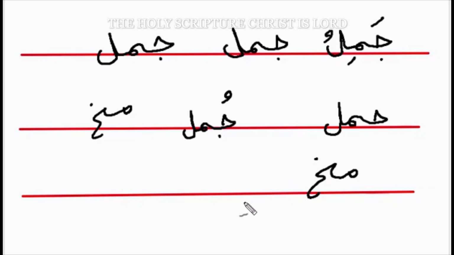And again, I hope soon I will be able to buy the software with the brushes, so we can write really nicely on the screen. Right now we are just drawing a line and my pen is not helping. Mukh means brain. If I forget to put the dot on top of the Kha, that will make it Muh. So the dot is very important.